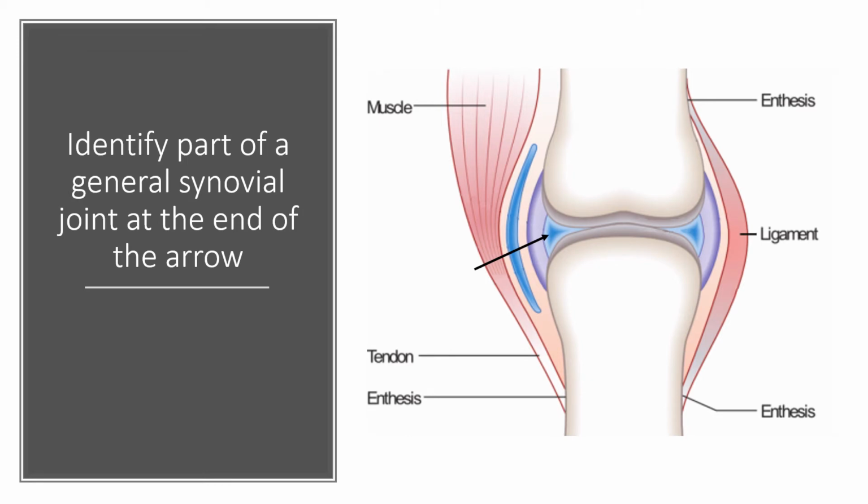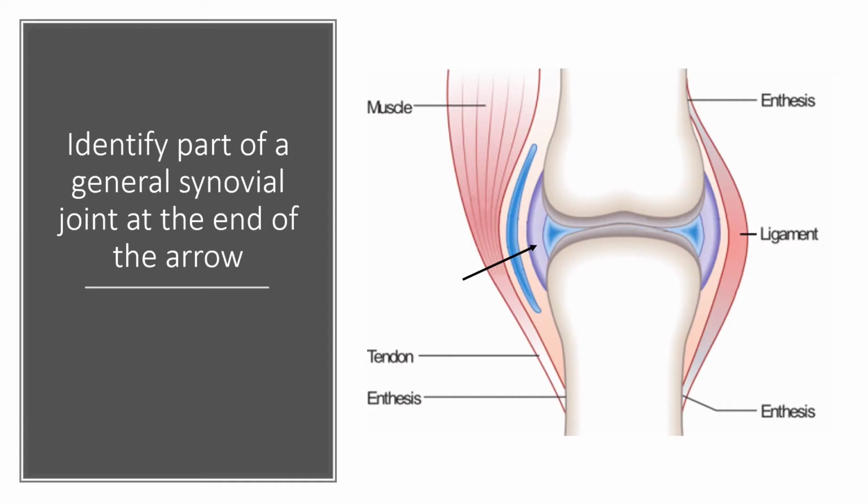Identify part of the synovial joint at the end of the arrow. The answer is the synovial cavity, and within that cavity is the synovial fluid, which, remember, acts as that lubricant.